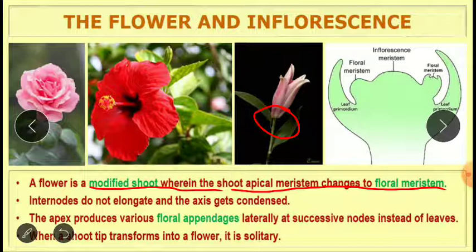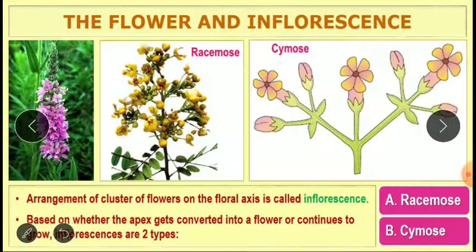The internodes do not elongate and the axis gets condensed. Hence, floral appendages are produced instead of leaves, and hence the formation of the flower.